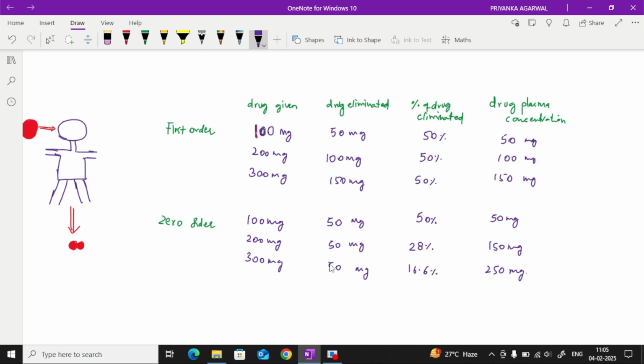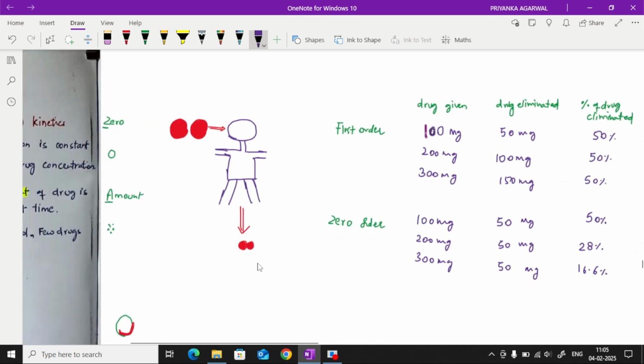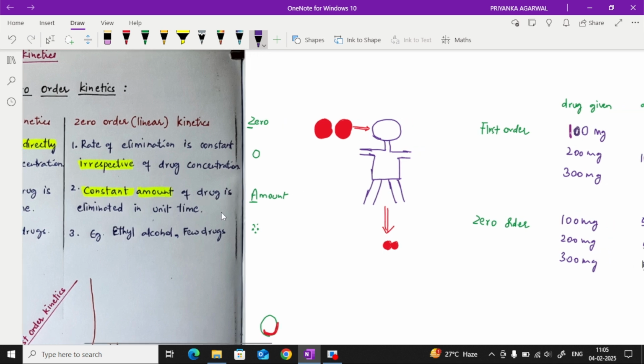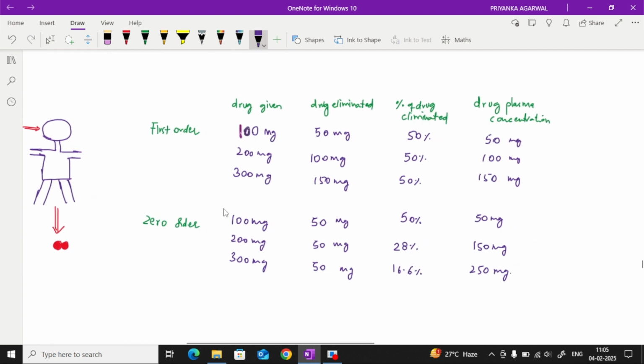So drug eliminated is irrespective of the drug given. That is zero order kinetics. The rate of elimination is constant irrespective of drug concentration. What is the next statement? A constant amount of drug is eliminated in unit time. If you see the drug eliminated, a constant amount of drug is eliminated.